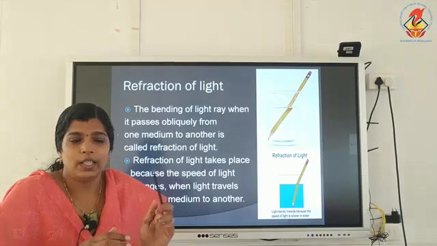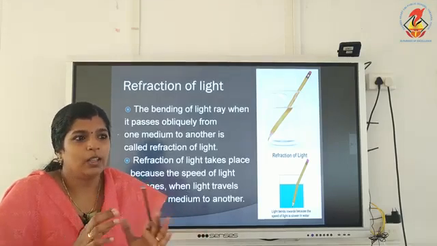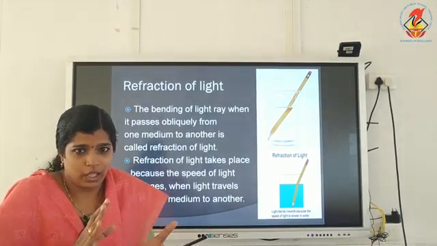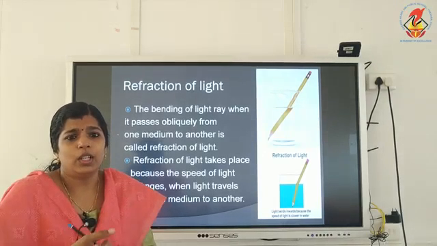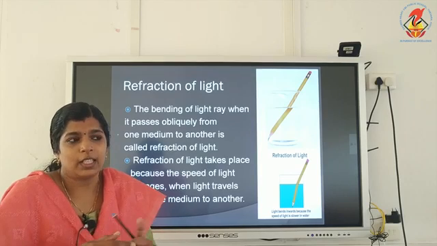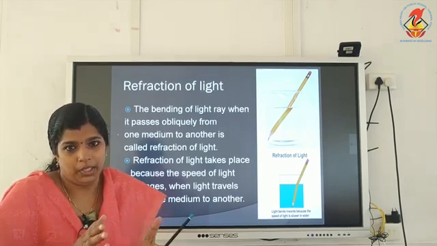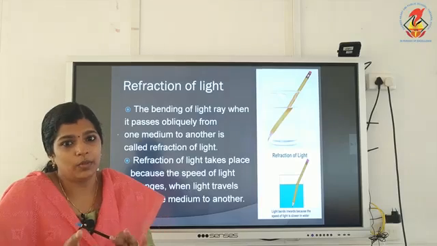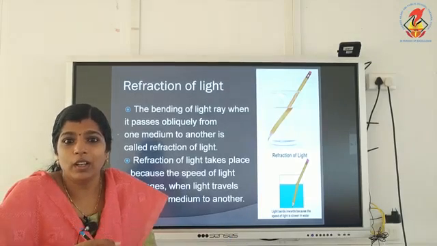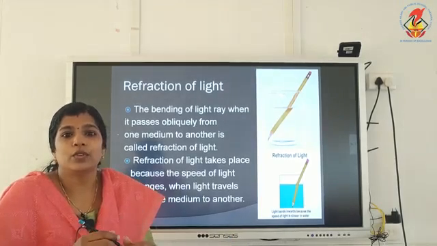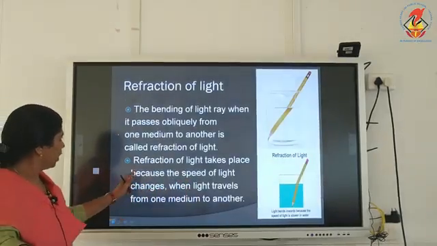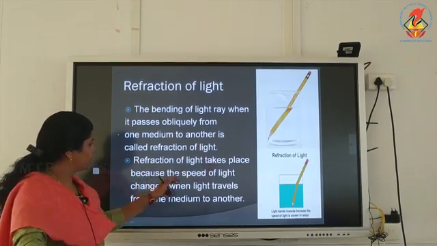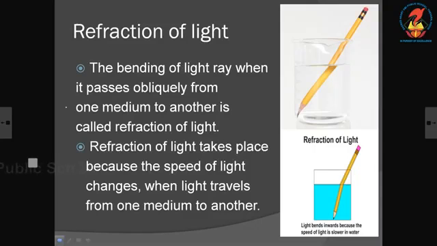At the surface of intersection there will be a bending, and that bending is due to the change in the speed of light in the two media. Refraction of light takes place because the speed of the light changes when light travels from one medium to another.